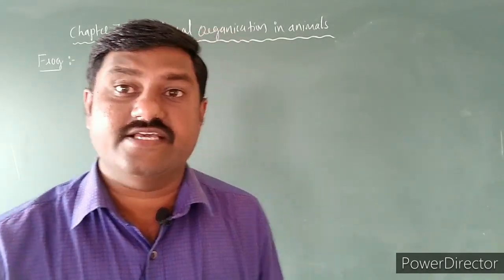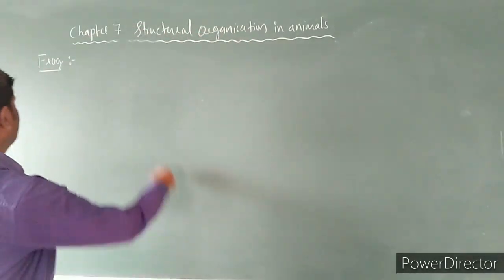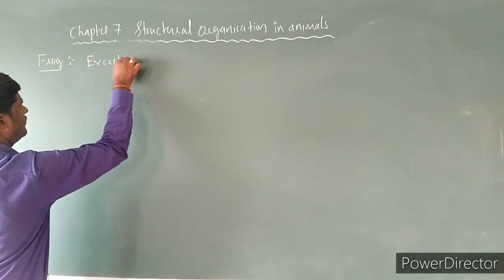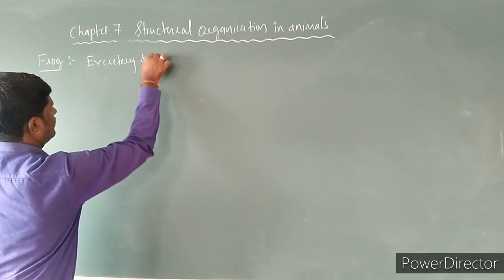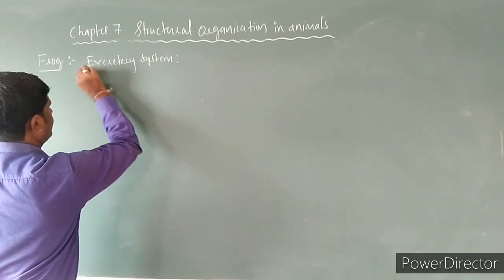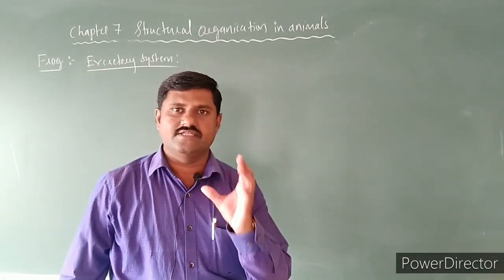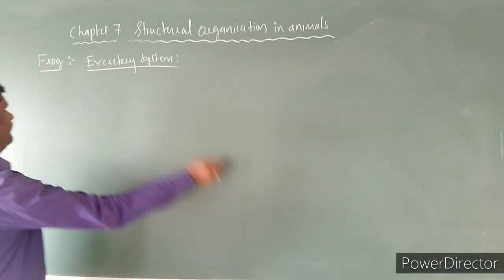Next one is the excretory system. How is the excretory system? What is it consisting of? Let us see one by one.